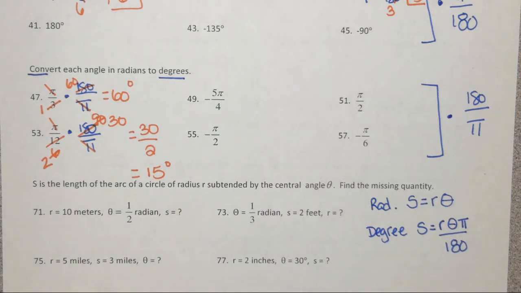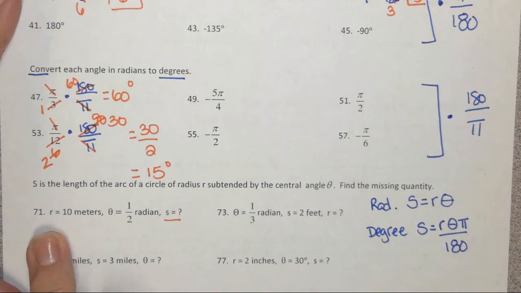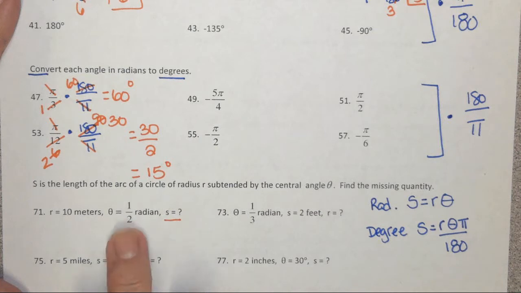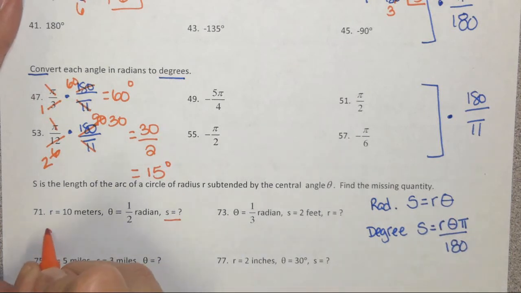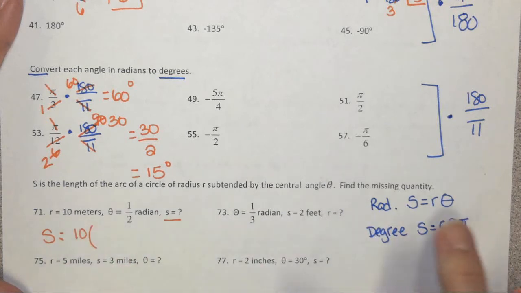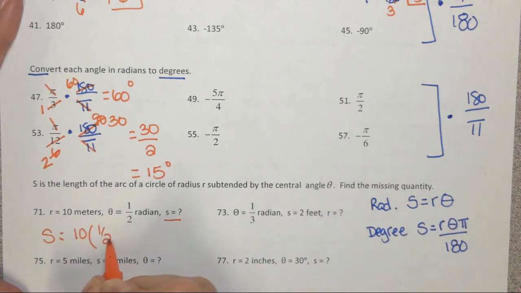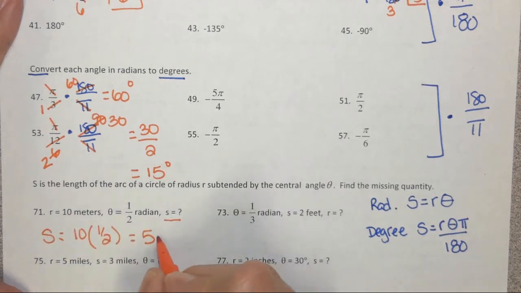So on number 71, they want me to find S, and they give me my radius is 10 and my theta is 1/2 radian. Because they give me theta as a radian, I'm going to use this first formula right here. So S equals r is 10, theta is 1/2, 10 times 1/2 equals 5, and the units they're using are meters.